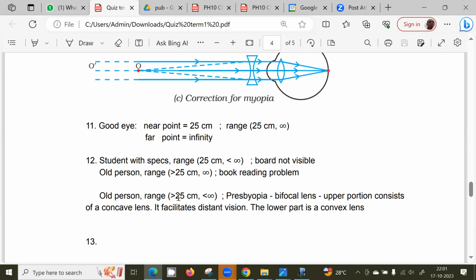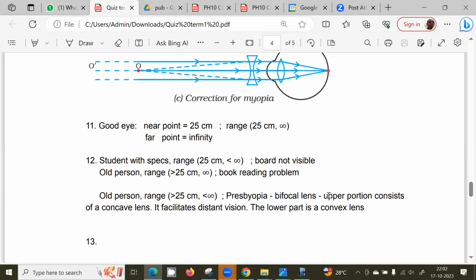But some people have both problems: they cannot see objects at the near point, and also cannot see up to infinity. Here the visibility range starts beyond 25 centimeters, say 50 centimeters, and he cannot see far away objects either.